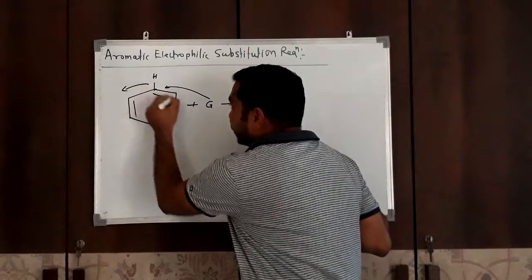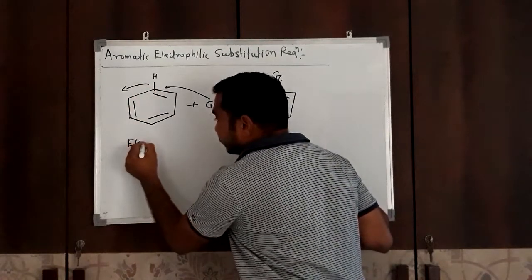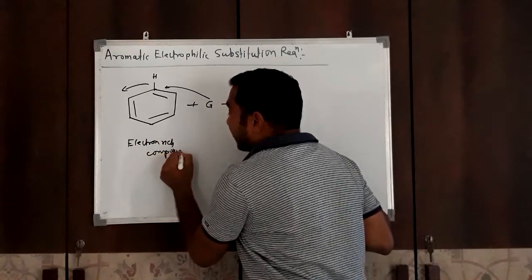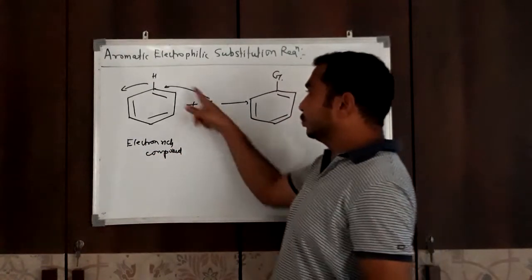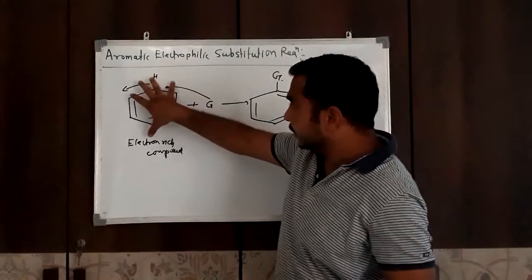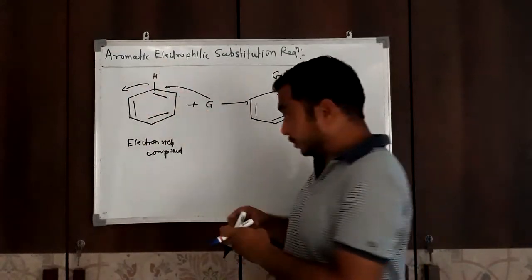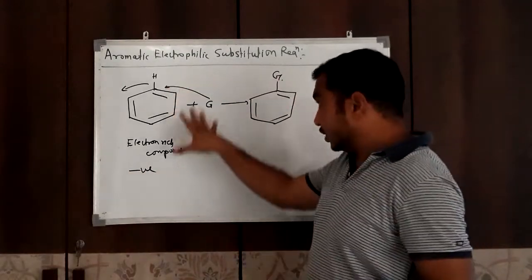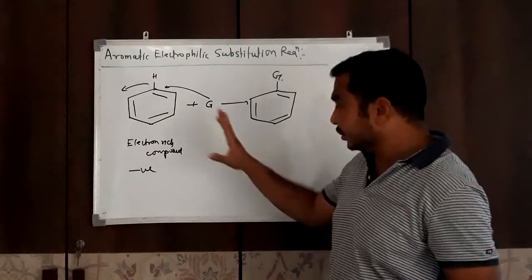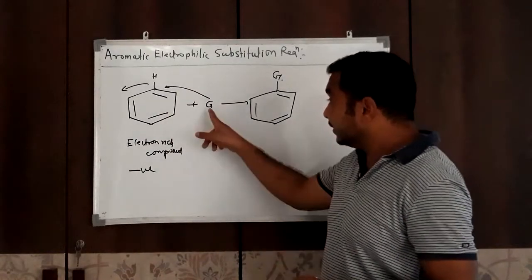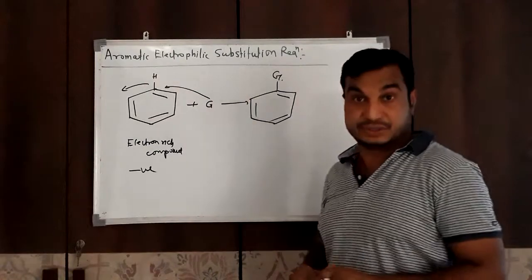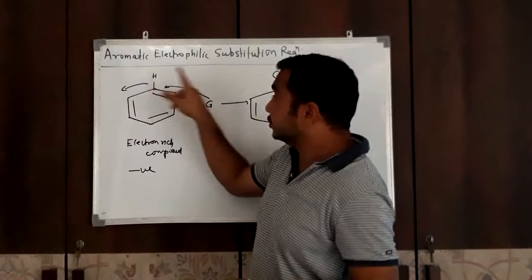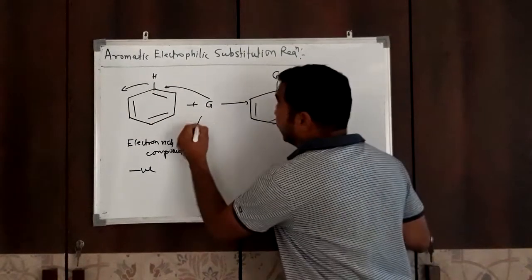As we know, this benzene is an electron rich compound. So when G is approaching this ring, which is already electron rich, its behavior is negative. It behaves like a negative charge, or its surrounding contains electrons, therefore it is a negatively charged species. And then G is approaching, replacing H. This G, any group or atom replacing this H, must be electrophilic in nature.